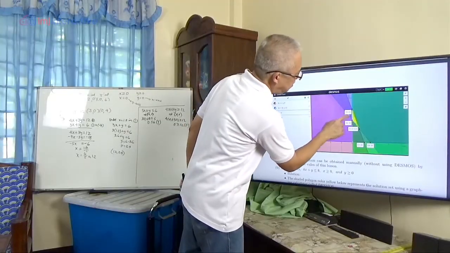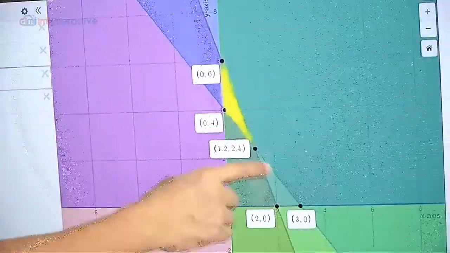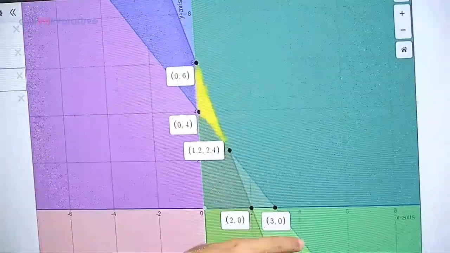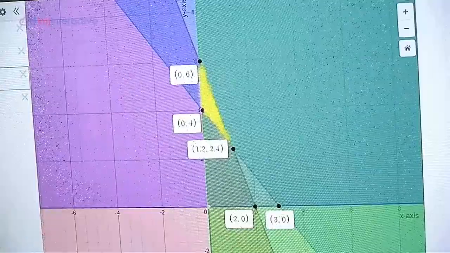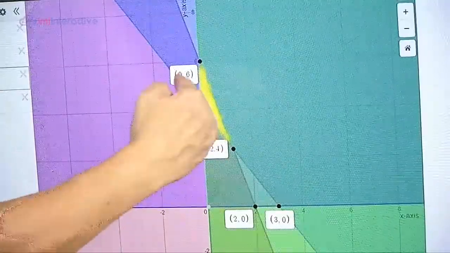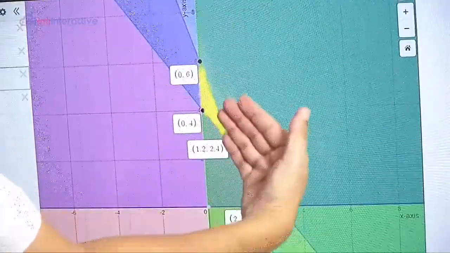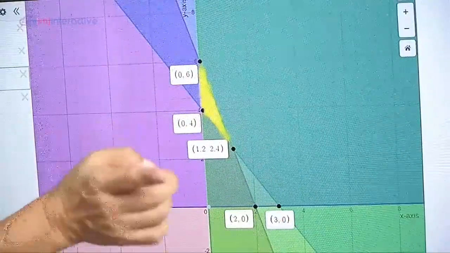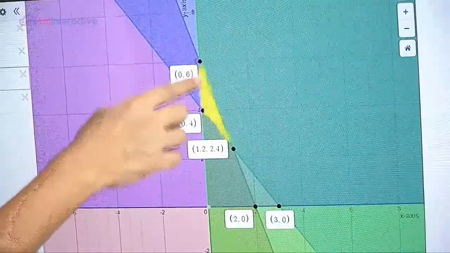This is the line representing 4x plus 3y equals 12. And here is your 0, 0. It says here false. So you will not shade this part, but you will shade the other side. So you will shade going in this direction. So as you can see, this portion is still covered.